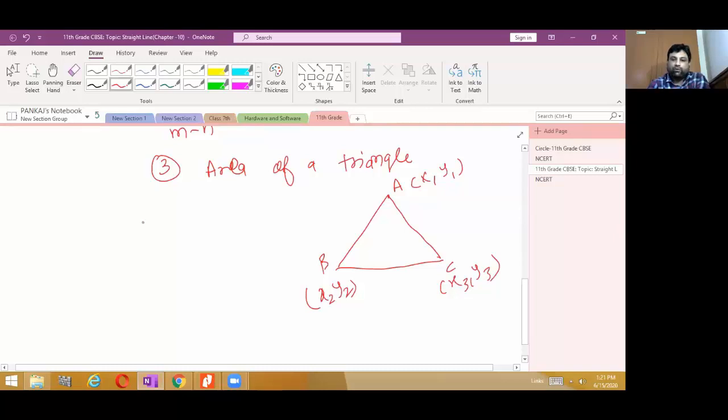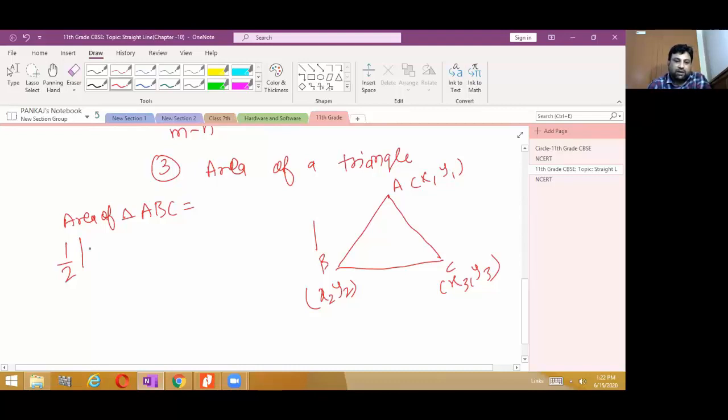So if I want to find the area of triangle ABC, it is equal to 1 by 2, and the area of a triangle will always be positive. So I am writing this formula within modulus so that the answer becomes positive. We want the absolute value only.